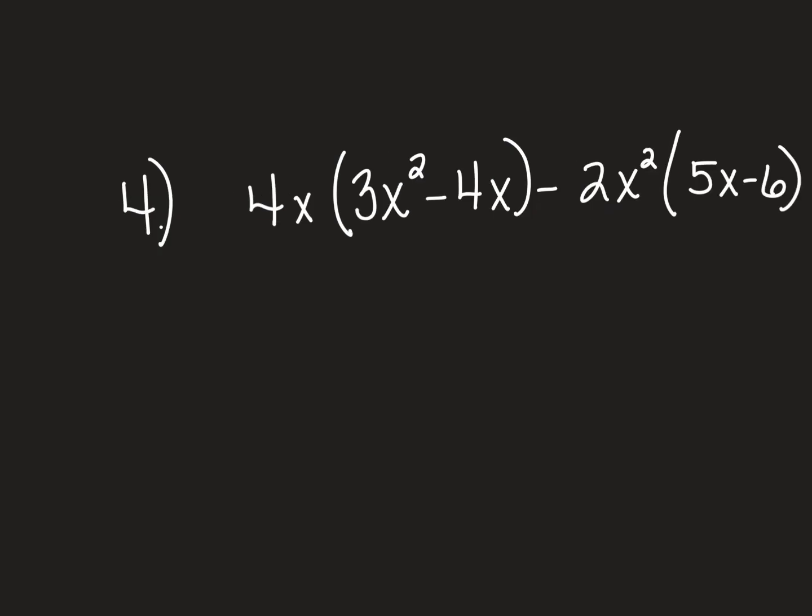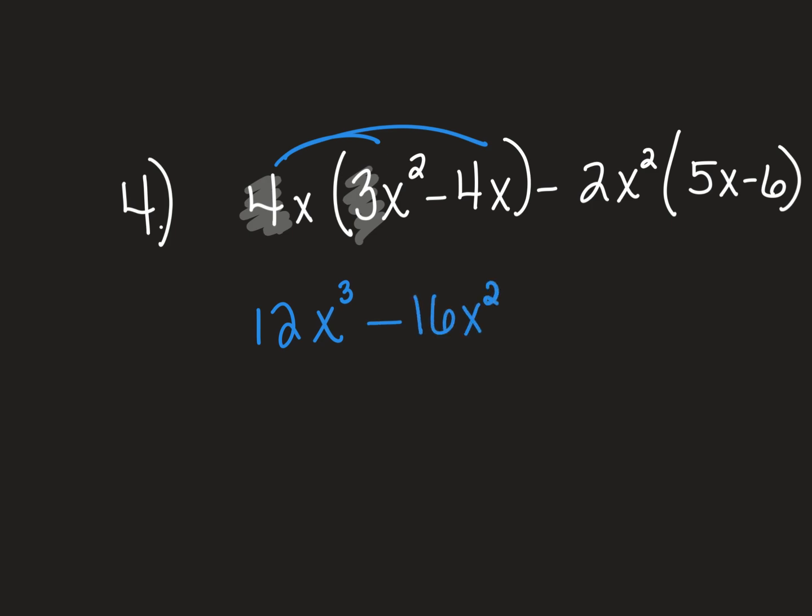Getting a little more complicated, monomial times a binomial. Well, I'm going to do 4 times 3, multiply these coefficients first. So 4 times 3 is 12, and then I multiply x times x squared is x to the third. Keep your base and add your exponents. 4x times -4x is -16, x to the second.